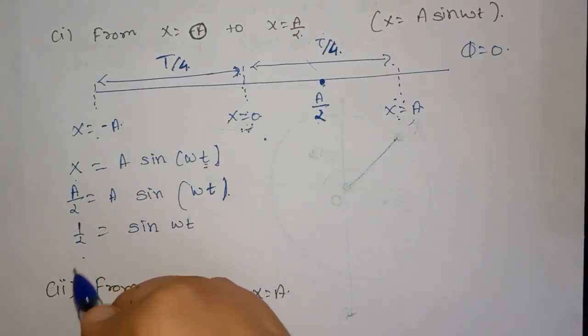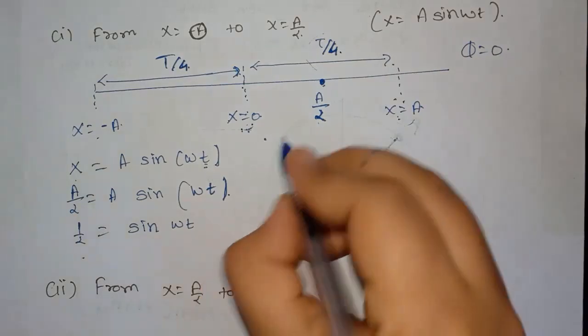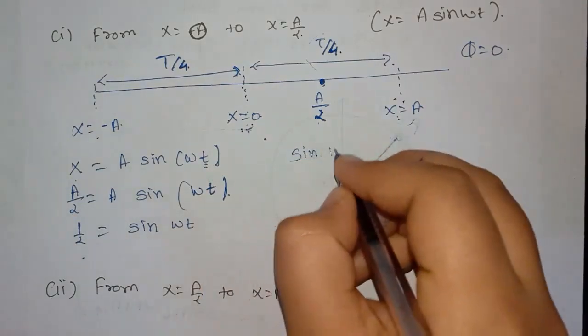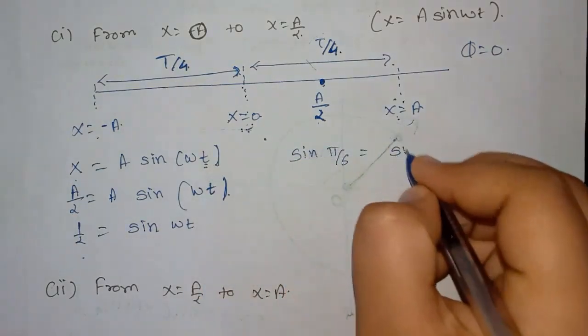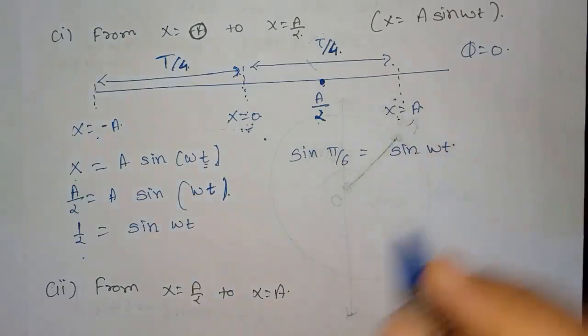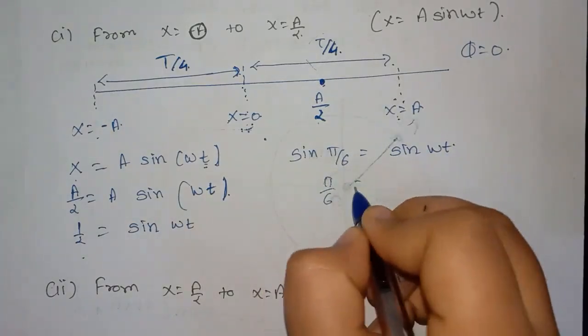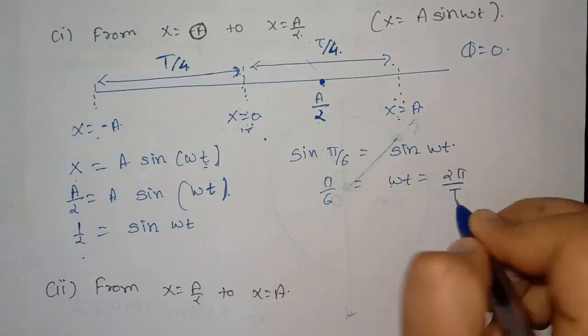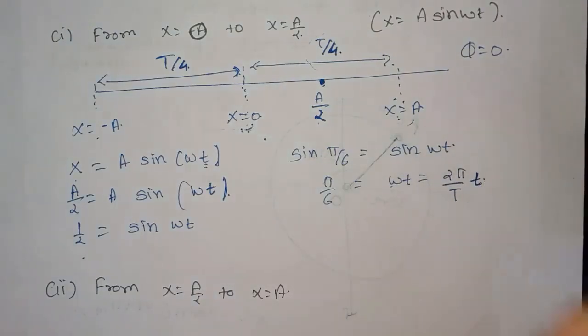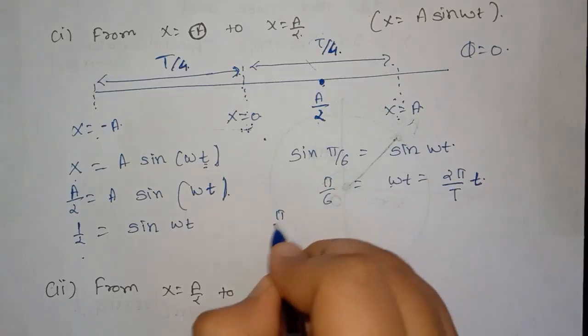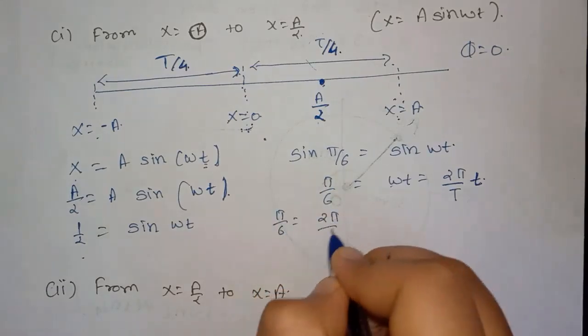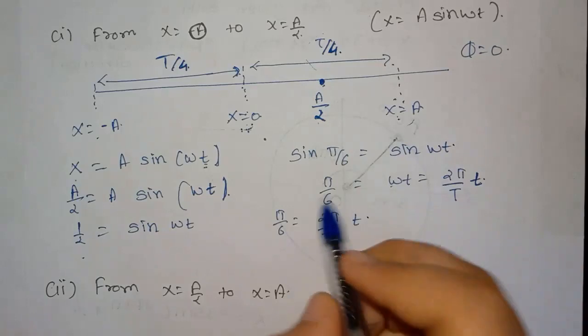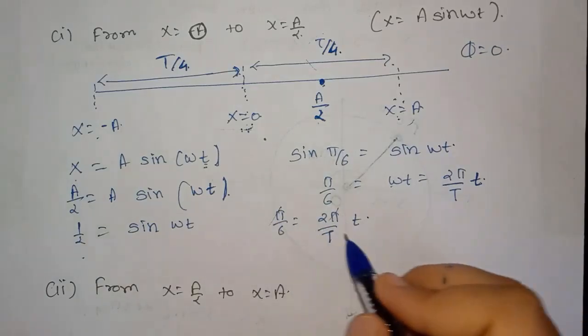But half is the value of sine 30 degree. So sine pi by 6 equals sine of omega t. So pi by 6 equals omega t, and omega can be written as 2 pi by capital T. So pi by 6 equals 2 pi by T into t. This pi will get cancelled out.